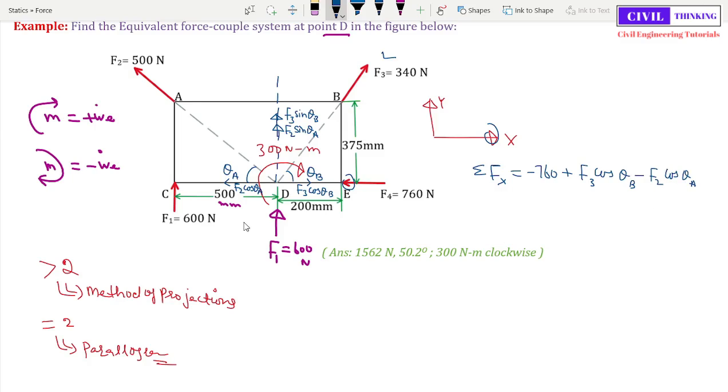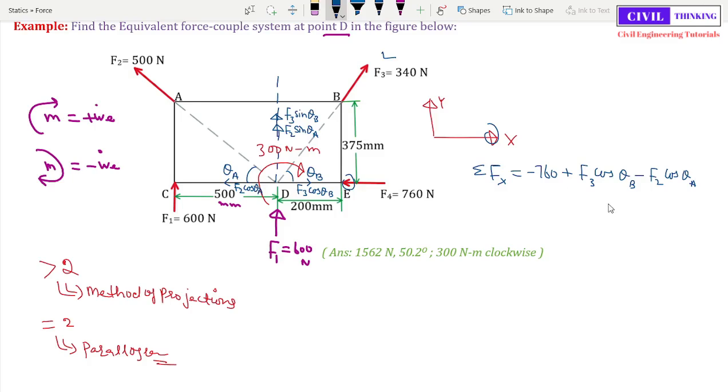Now is there any other force in the x direction? Let me check. F4, we have already written F4 760. Now we have F3 cos theta b, we have F2 cos theta a.